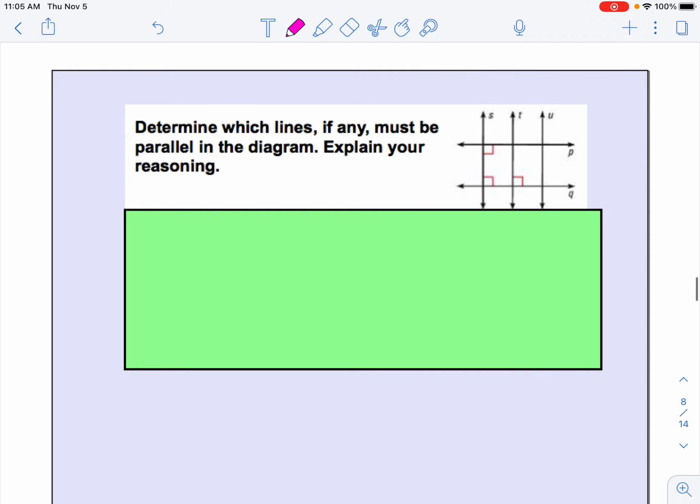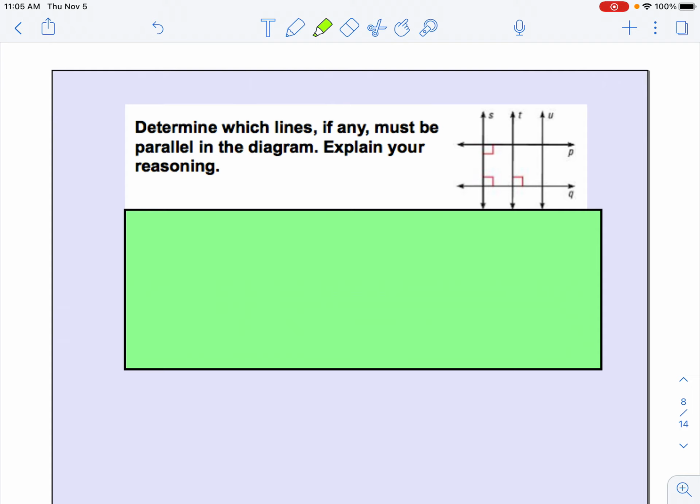All right, so let's try a quick example here. It says, determine which lines, if any, must be parallel in the diagram. Explain your reasoning. Well, I can see that these two angles right here are corresponding angles.